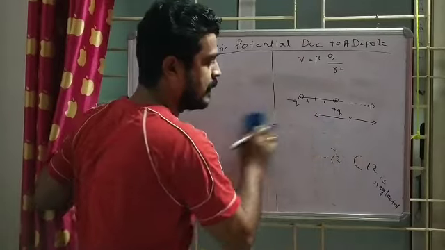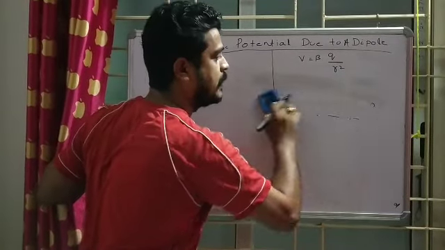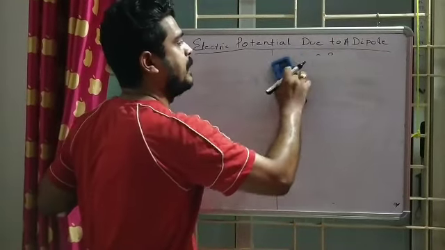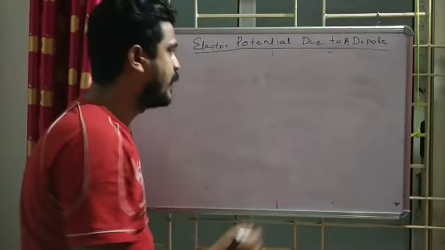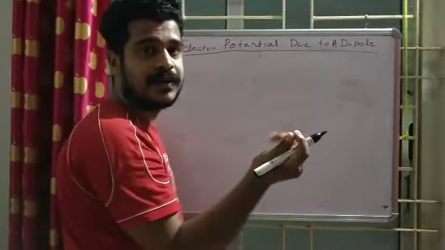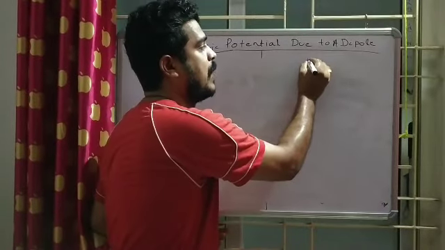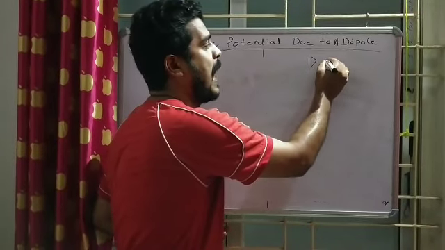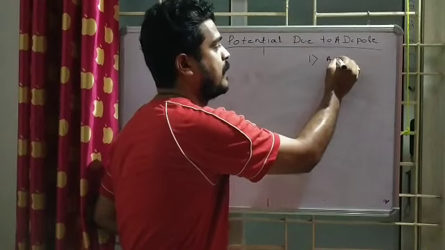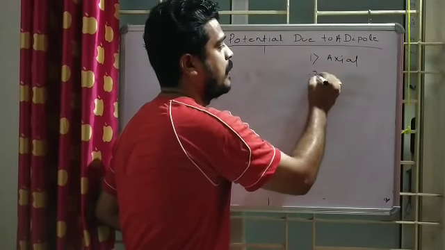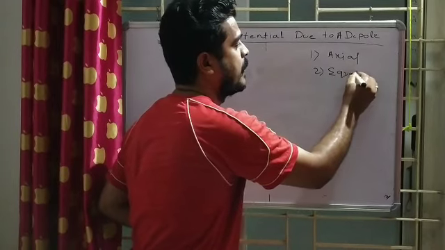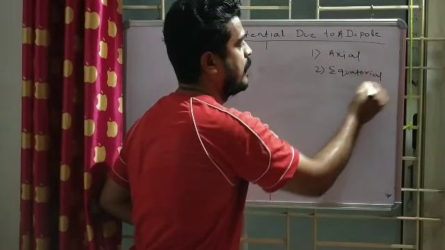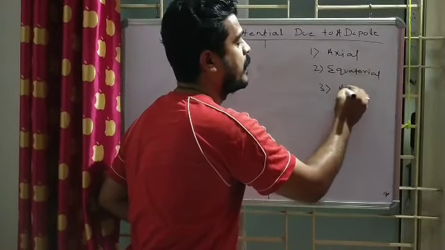Actually, as you had done in the electric field case, in my previous videos you can see, due to a dipole I had derived the electric field at a point on the axial line, on the equatorial line, and at any point.